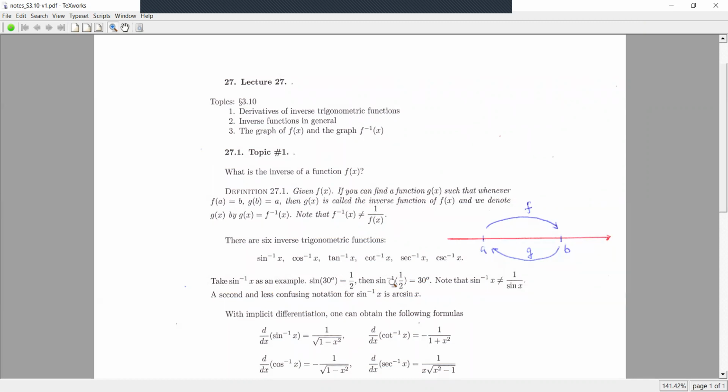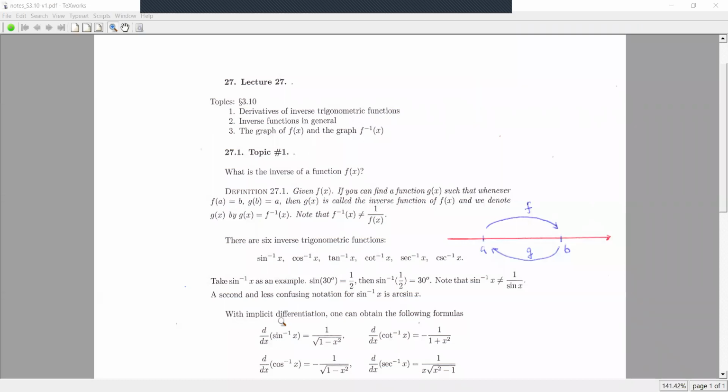Then inverse sine takes 1/2 back to 30 degrees. Namely, inverse sine of 1/2 is 30 degrees. Please note that inverse sine is not equal to 1 over sine. A second and less confusing notation for inverse sine is asine.